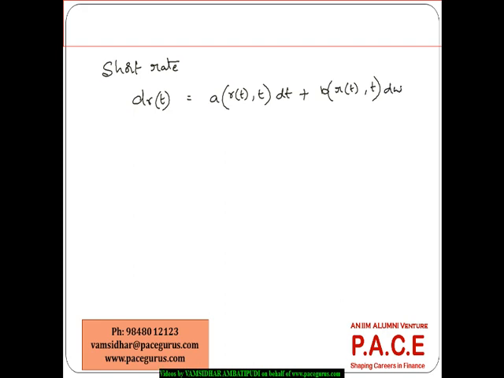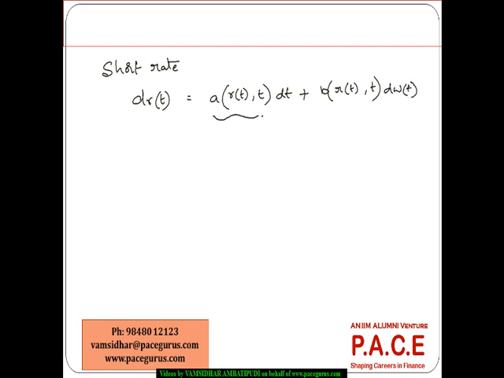Whenever we are looking at the stochastic differential equation for a short-term interest rate under the real world probability measure, dr(t) is some drift function based on the current rate at the current time, times dt, along with a volatility b(r(t)) and a standard Brownian motion, right?